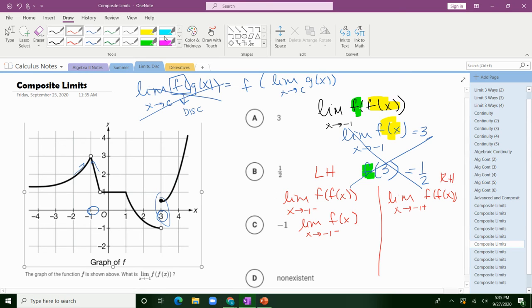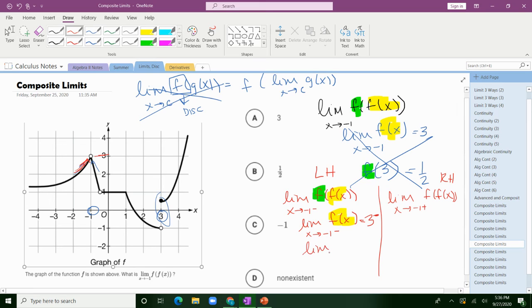Starting on the left, I have my inside function, f of x. I'm ignoring my outside function for now. Okay, the limit as x approaches -1 from the left. All right, that's definitely 3. And I'm approaching 3 from the underneath side, from values that are less than 3, 2.9, 2.99, etc. So I'm going to put a negative there.